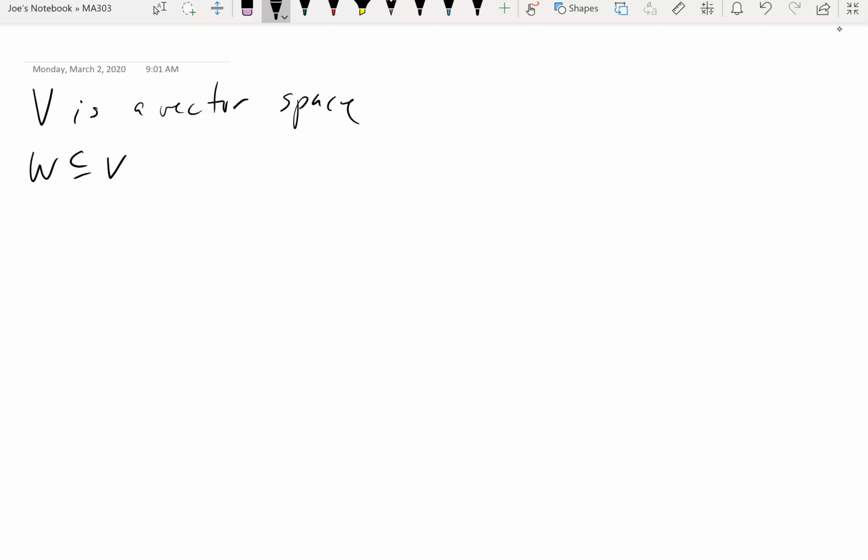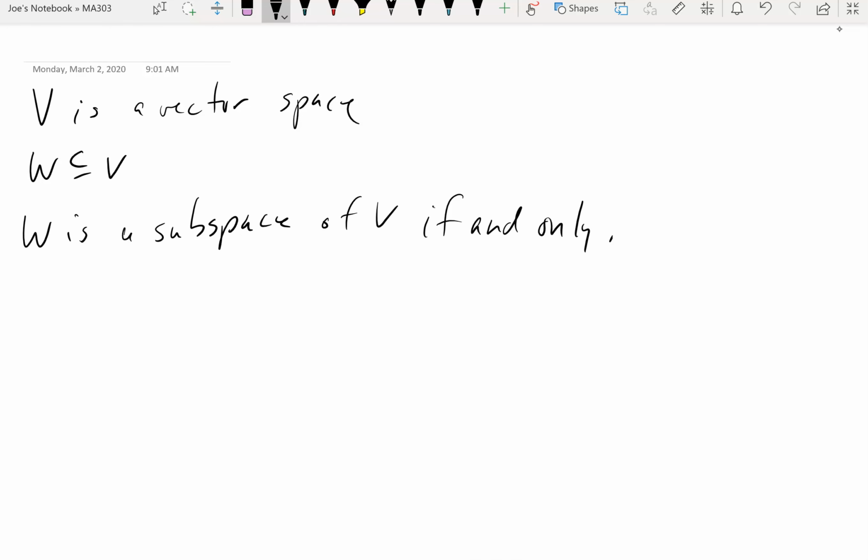We're taking a collection of vectors inside of V, so W is a subset of V. Then W is a subspace of V if and only if W is itself a vector space under the exact same operations as V.